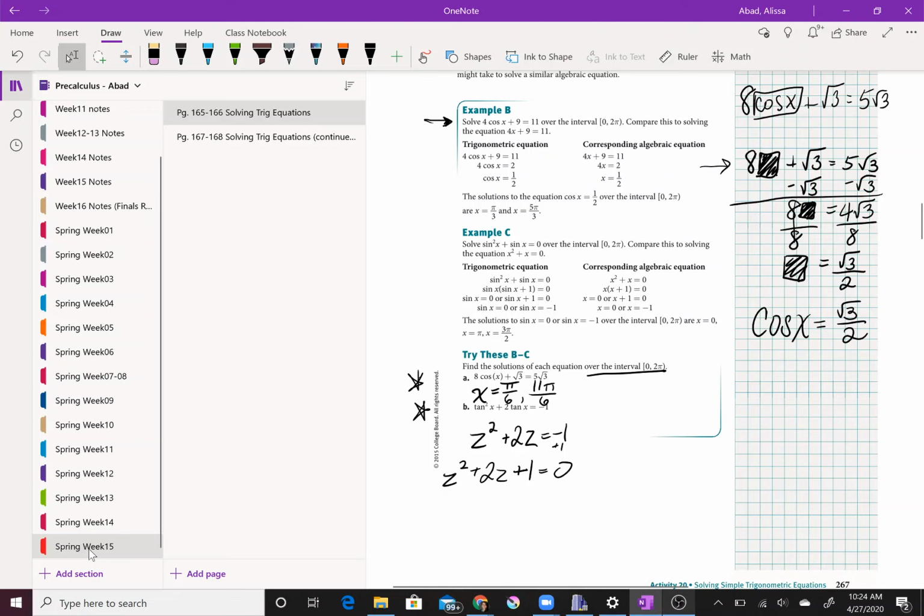Okay. What you'll end up here is, in the very end, you should just get tangent of x equals 1, or -1, excuse me. And then by the end, you should get that x is equal to 3 pi over 4 and 7 pi over 4.